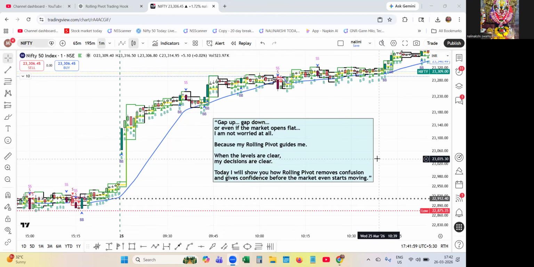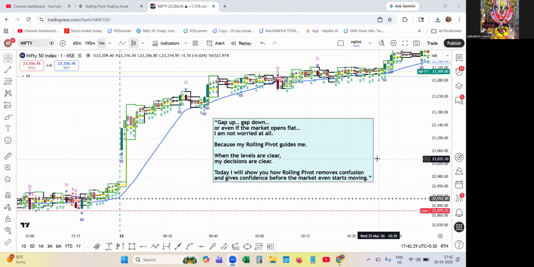Intraday trading becomes easy. Even with the rolling pivot, my indicator, you can take a BTST trade with its guidance. When the levels are clear, my decisions are clear, so why worry? Rolling pivot removes confusion and gives confidence even before the market starts moving.